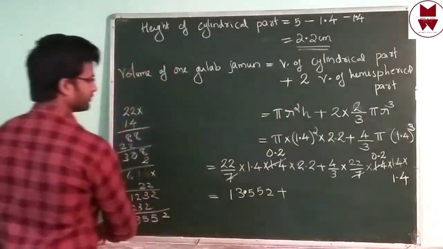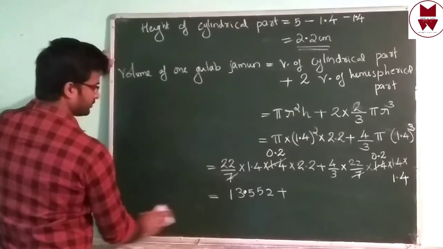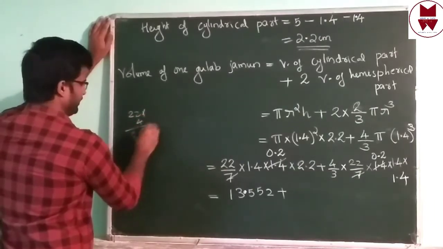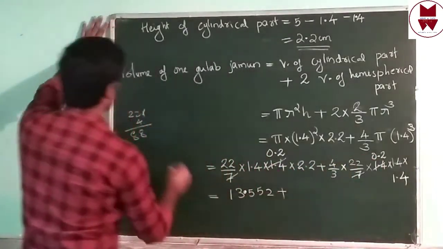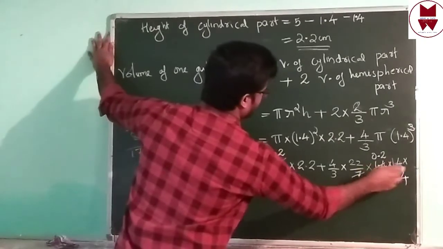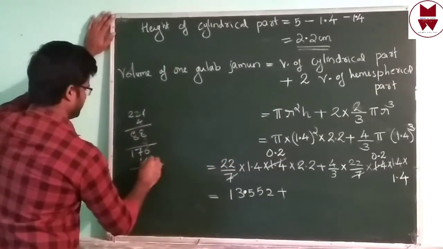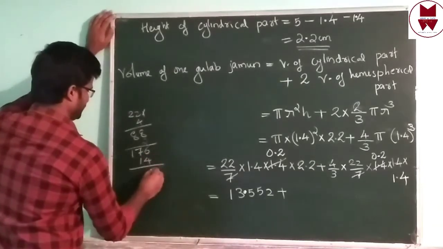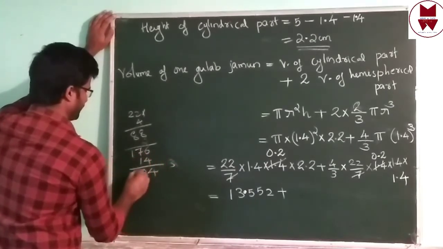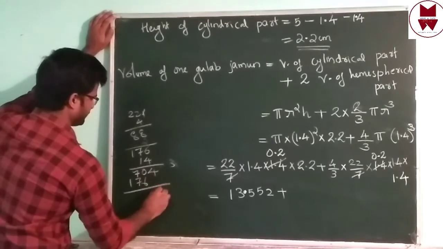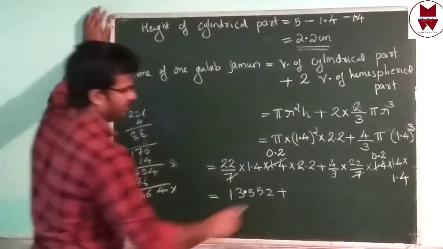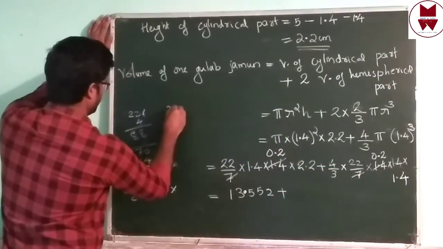Plus, 22 into 4 is 88, 88 into 2 is 176, into 1.4, then again one more 1.4.